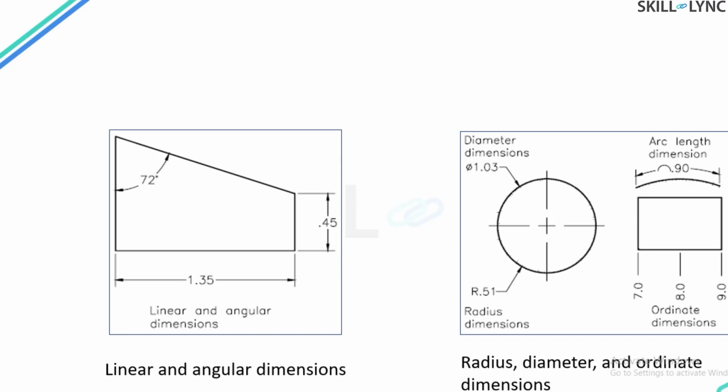In this figure, you have this linear dimension, which is 1.35, 0.45, and the angular dimension is 72 degrees. And then you have the radius dimension, the diameter dimension. Then you have the ordinate dimension and the arc length dimension mentioned over here. You can see 7.0, 8.0, 9.0 is the ordinate dimension, and we have the arc length dimension for 0.90 that's shown in this figure.